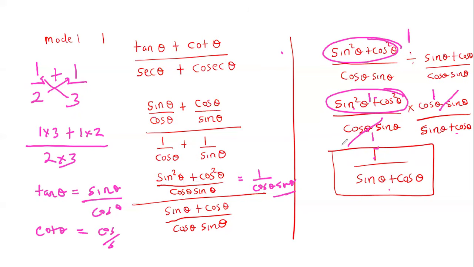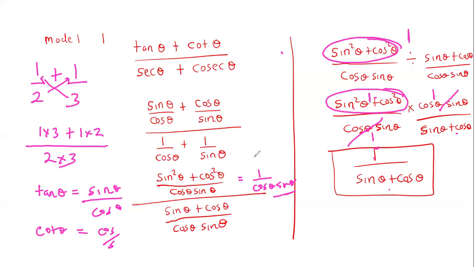Okay, I'm going to pick on a few hands. Good morning, sir. What if I get the LCM here, where there is cos theta over sine theta, and I get the LCM, then I divide using the LCM?